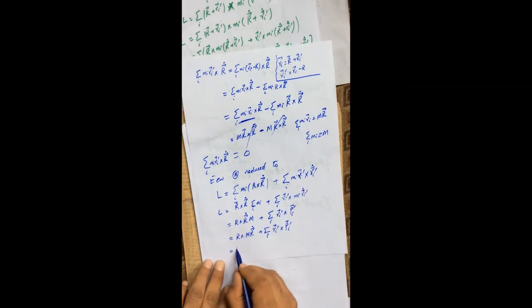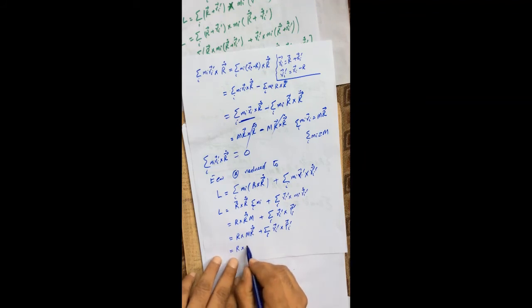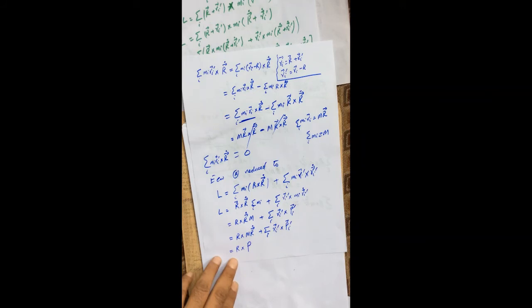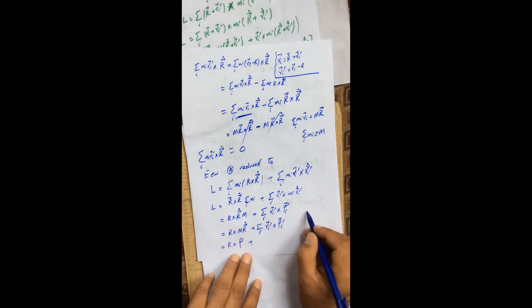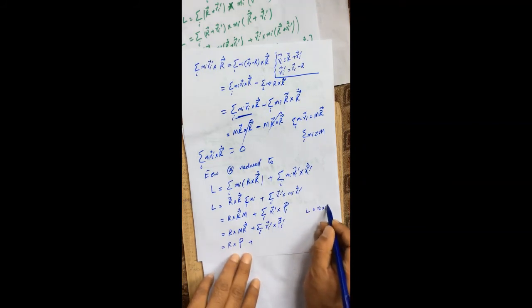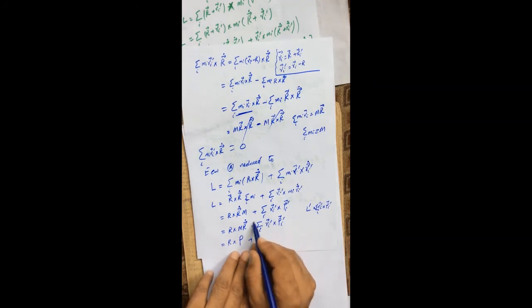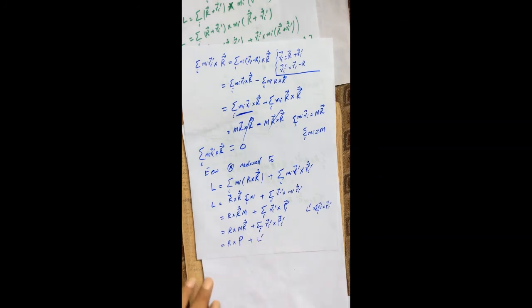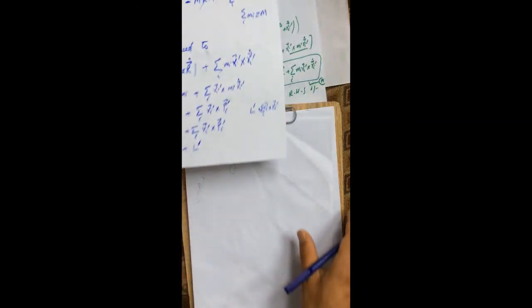I can write it as R cross, this is mass times velocity of center of mass, which is equal to the momentum of center of mass, R cross P, plus, now this is ri cross pi. We know that angular momentum is sum over i of ri cross pi, but there will be a prime here, so this will be angular momentum L prime, so I will replace this by L prime.